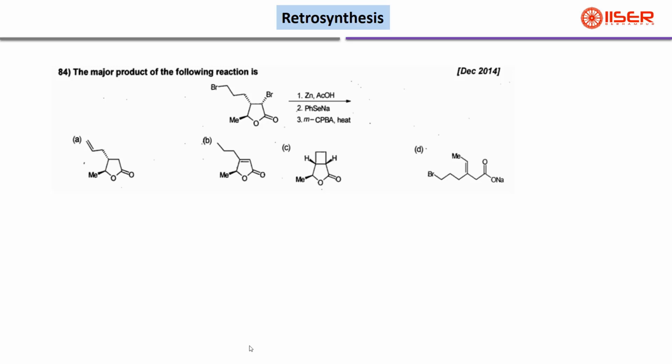What will be the major product formed in the following reaction? Let's go step by step. The first reagent is zinc. Whenever you add zinc to a brominated compound, this is an alpha bromo ester, an alpha bromo with respect to the ester. Whenever there is an alpha bromo ester, it will undergo the Reformatsky reaction.